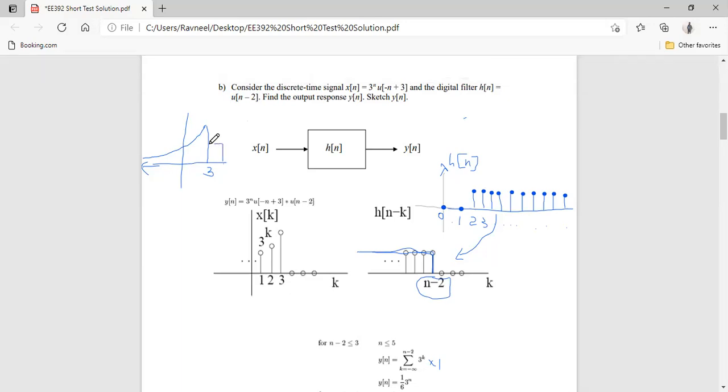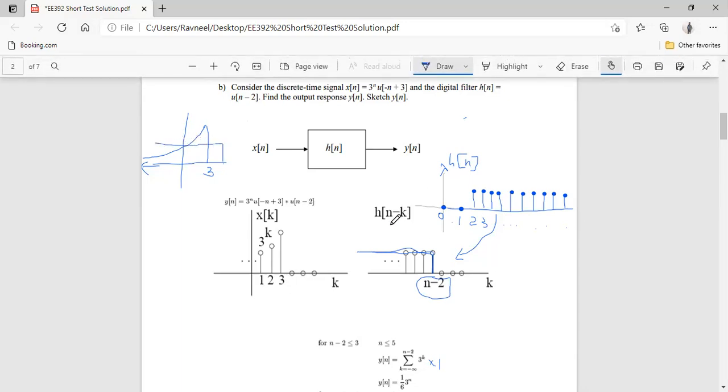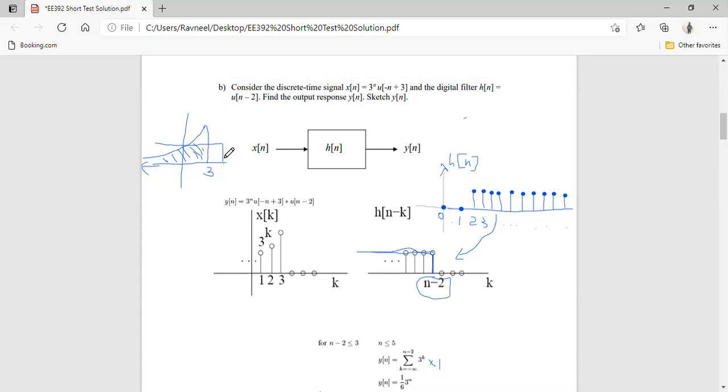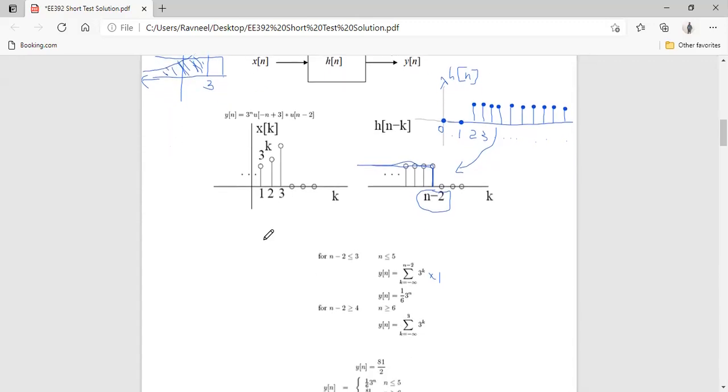If the graph of h of n minus k starts after 3, then the whole of the graph of x of k is overlapped. When n minus 2 is greater than 3, the h of n graph overlaps the whole of the x of n graph. So that is another case.